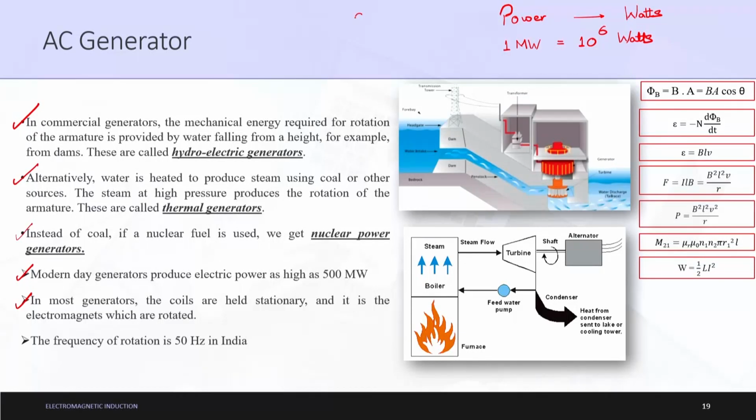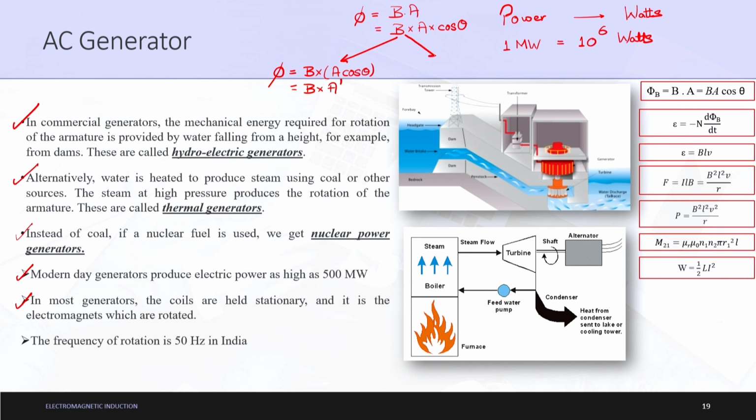No, there is no change in the formula. Let us say the phi value was B dot A, which is equal to B multiplied by A multiplied by cos theta. In the previous concept, we defined flux as B multiplied by A cos theta, which is equal to B multiplied by the effective area.